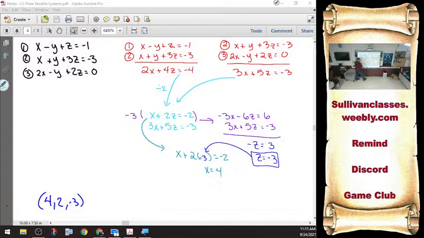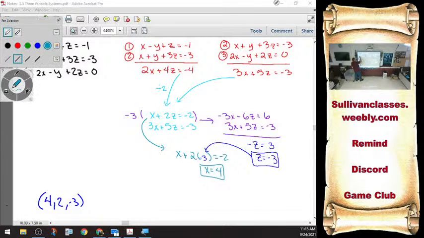X is 4. And if I know x and z, I can head back and find y in any one of the originals.